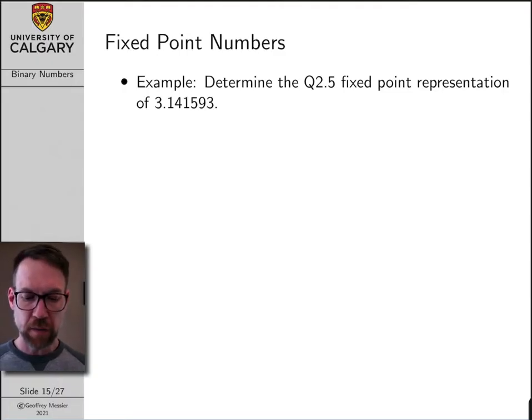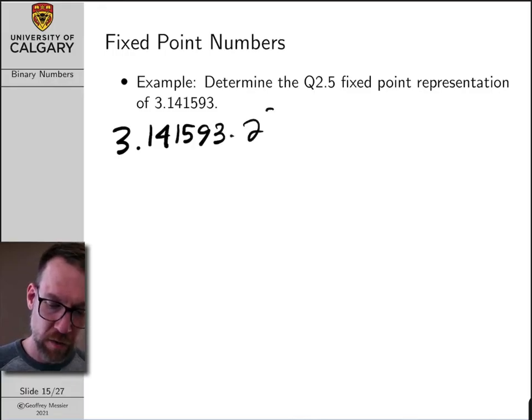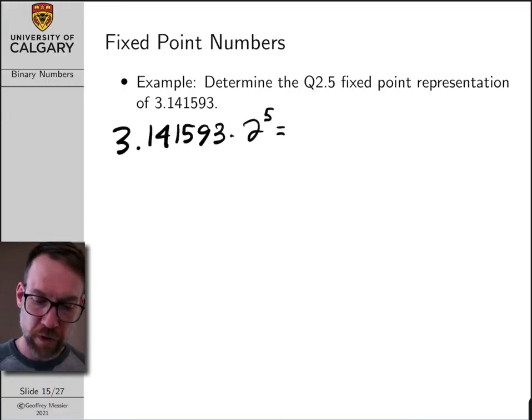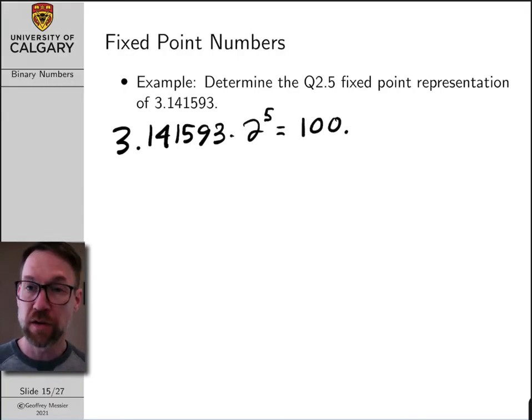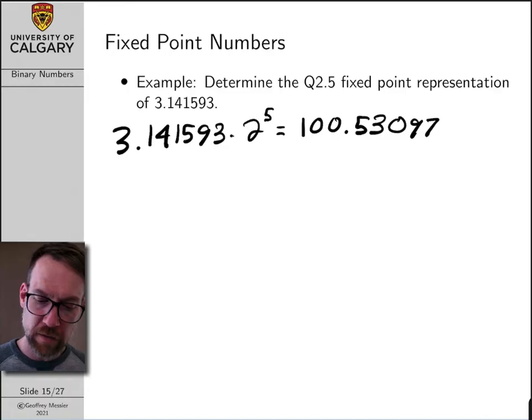So let's take a second example where we want to represent 3.141593 as a Q2.5 fixed point number. Again, we take our desired real number, 3.141593, and multiply it by 2 raised to the power of 5. And in this case, we don't get a whole number. We get 100.530975.